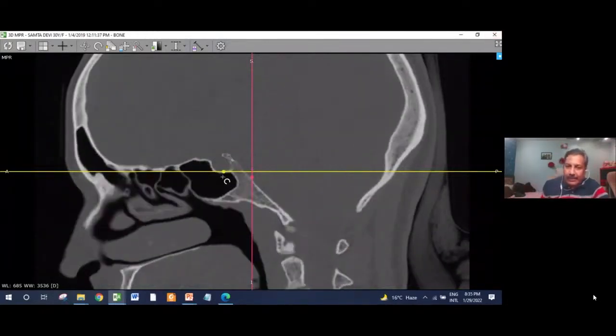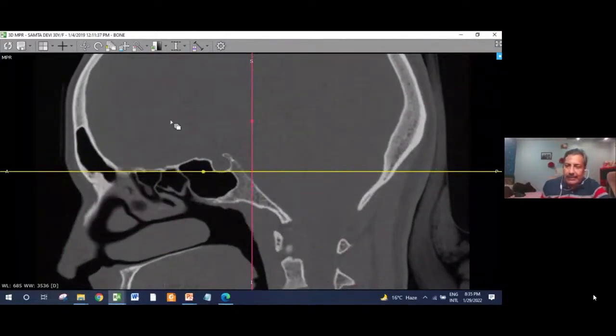As I said, the sphenoid sinus is the center of the universe for skull base surgeons, and the reason is the advantage afforded by the sphenoid sinus, which is pneumatized, which gives you direct access to the skull base.